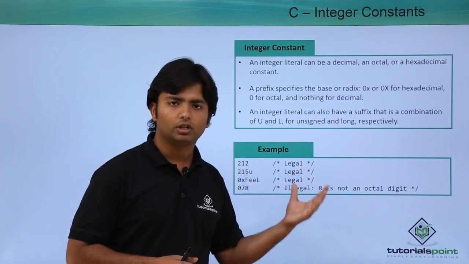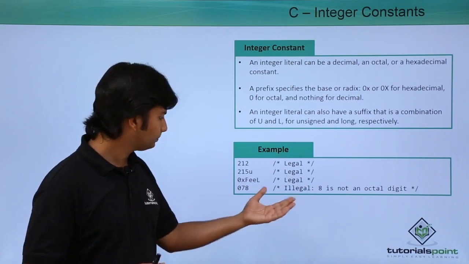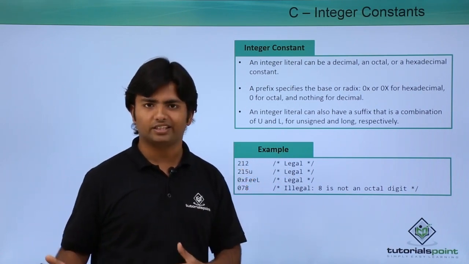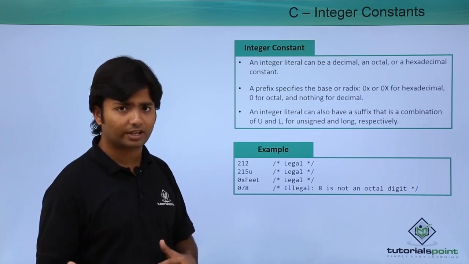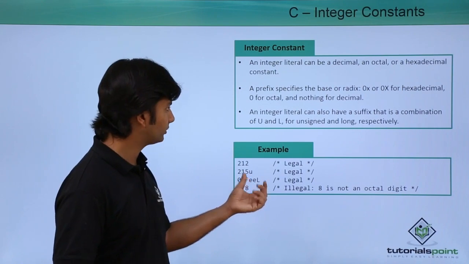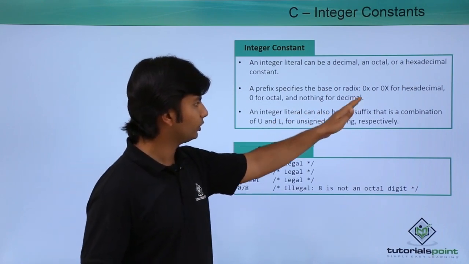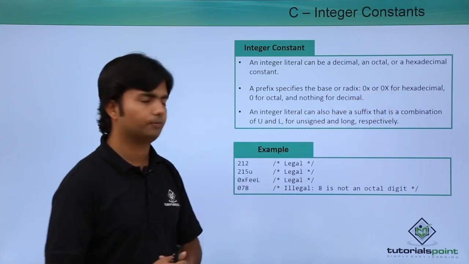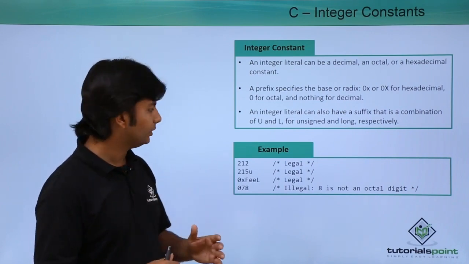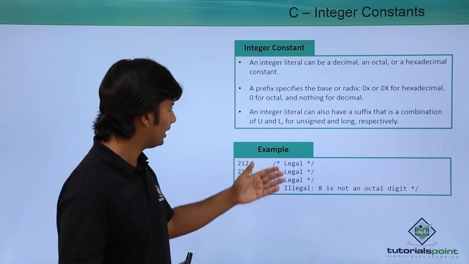So this is also a valid value. Similarly, in case you want to write any hexadecimal value, you can start it with 0x, as the 0x prefix is for hexadecimal. So whenever you write literal integer values, you can do them like that.